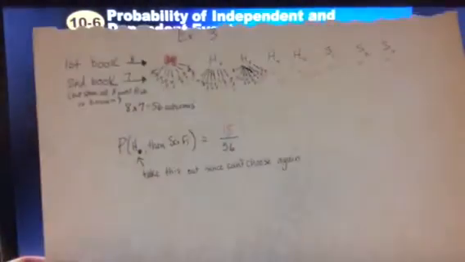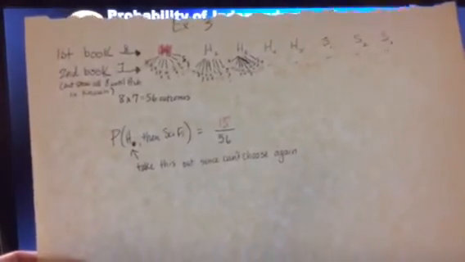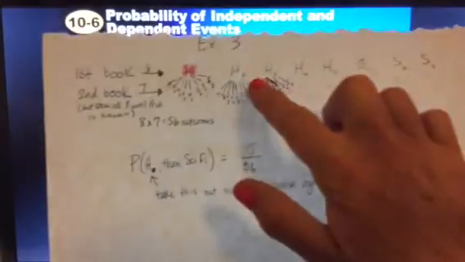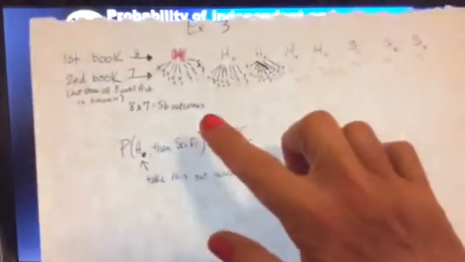All right, so what does that look like if you were to look at a tree? Now that's huge, so I didn't do the whole tree. But the first book, there's 8 choices. History, history, history, history, and history. But I put history 1, 2, 3 because they're all different books. And then science fiction 1, 2, and 3. So then once you take one of the books, then there's going to be 7 left.